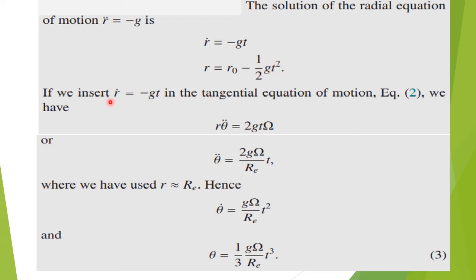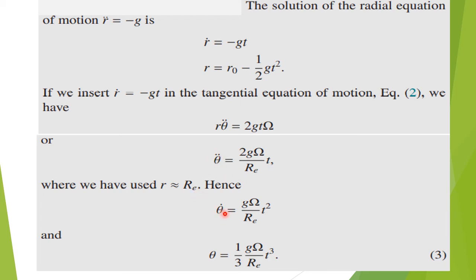Now in the tangential equation, if we substitute ṙ as minus g t, you get r θ double dot is equal to 2 g t ω.